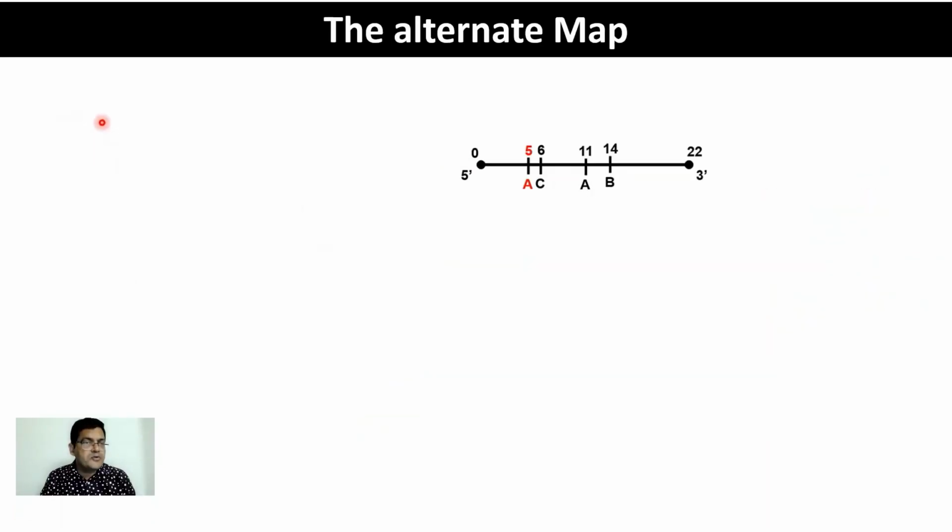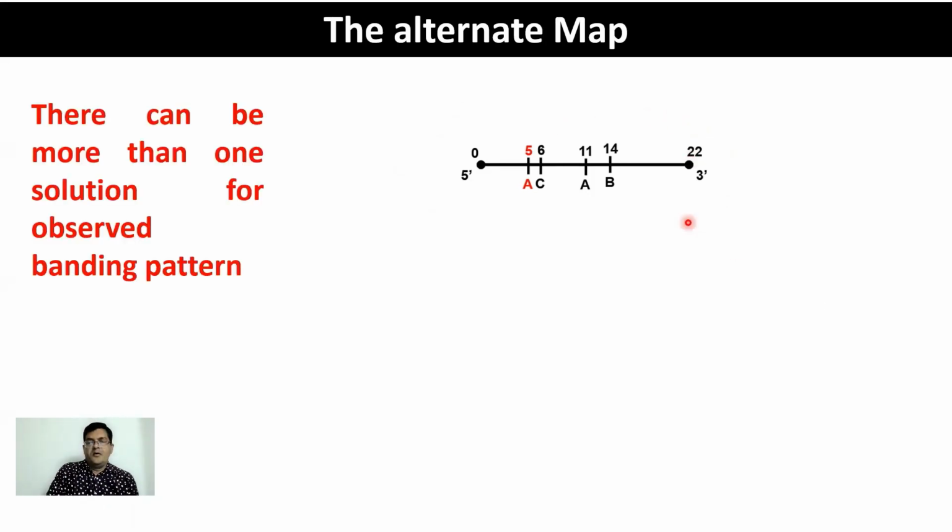As I told you earlier, there can be more than one possible solution to a restriction mapping problem. So now, since you have already derived the first map, the question is, can you derive an alternate map using this map as your reference? So here you are, you basically draw a map again, and this time I'm showing it in a larger view. I mark my 5' index 0 and the 3' index 22.